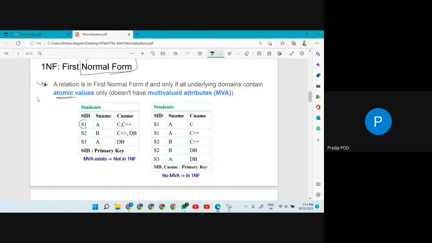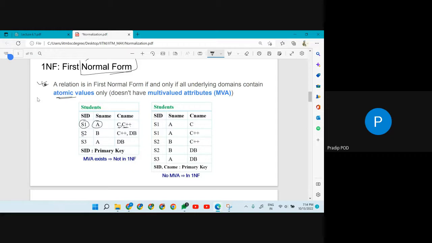S1 is an atomic value, SNAME A is also an atomic value, but in CNAME you can see there are two subjects, C and C++. That is two values put in the CNAME, so that is not atomic. This is a multi-valued attribute, and similarly S2 has DB and C++ also.